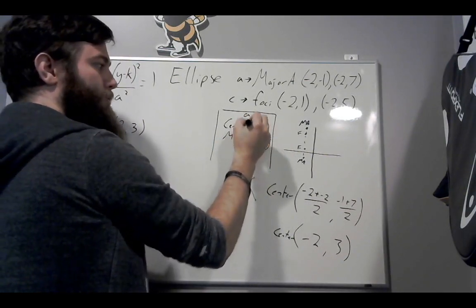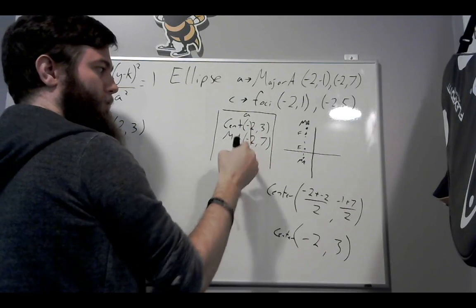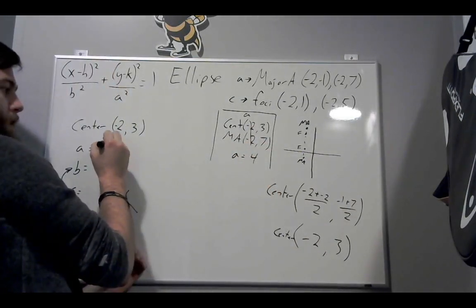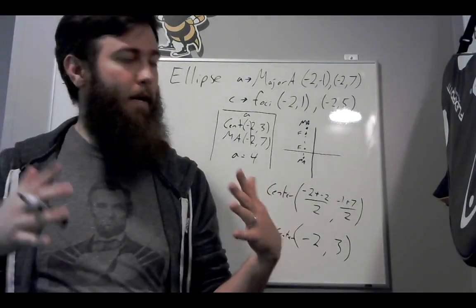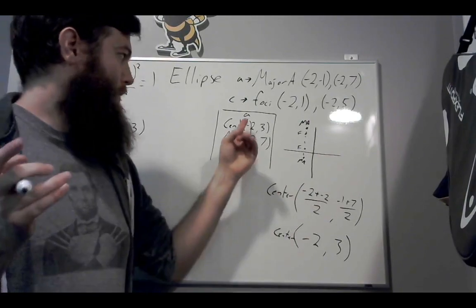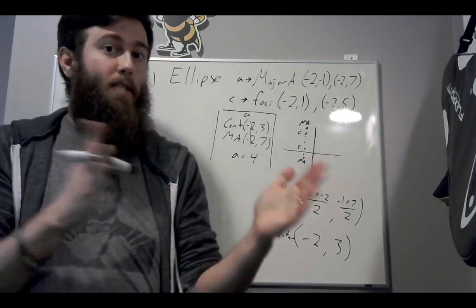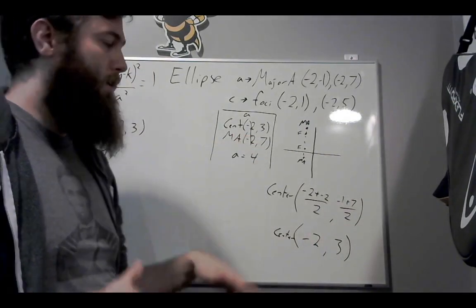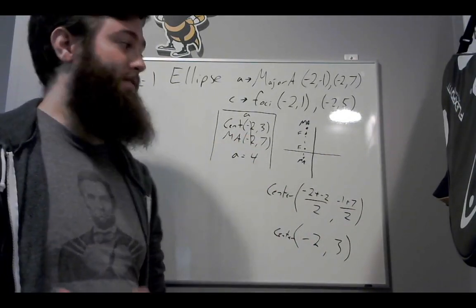So the -2's are the same, so the distance between 3 and 7 gives me an A of 4. So again, I'm just trying to find how I can go from the smallest number to the largest number. The -2's being the same means there's no distance between them, so I don't have to do any fancy math. I just have to find the distance from 3 to 7.